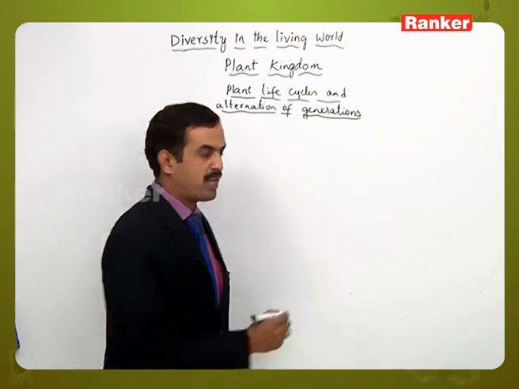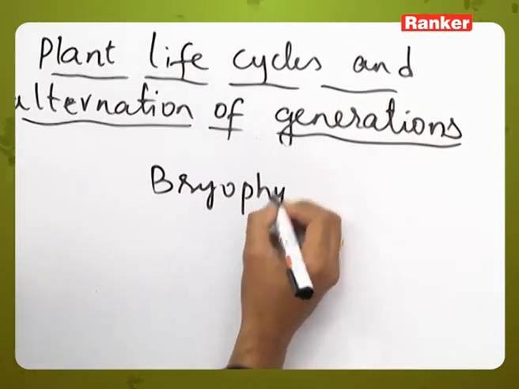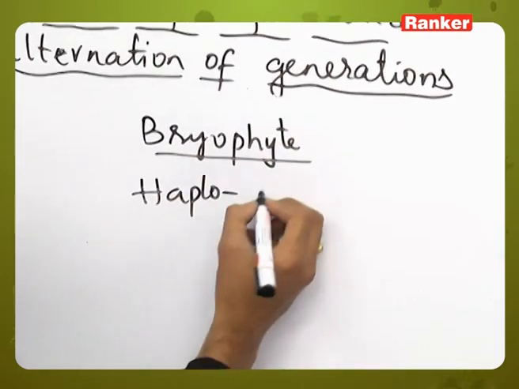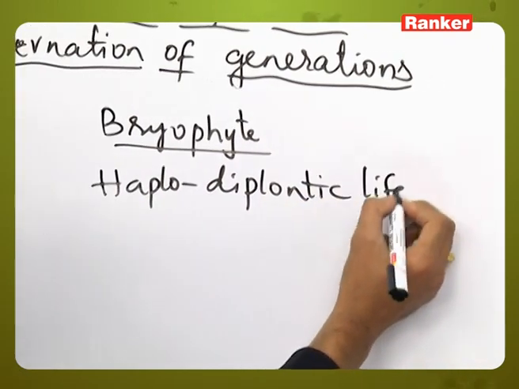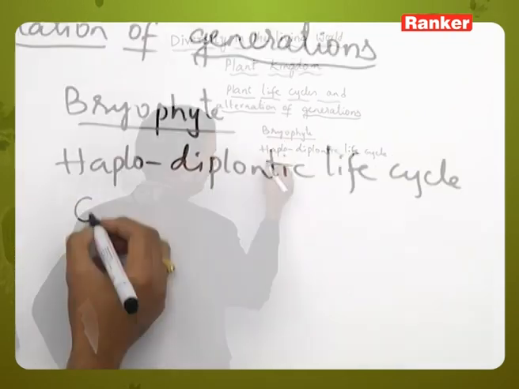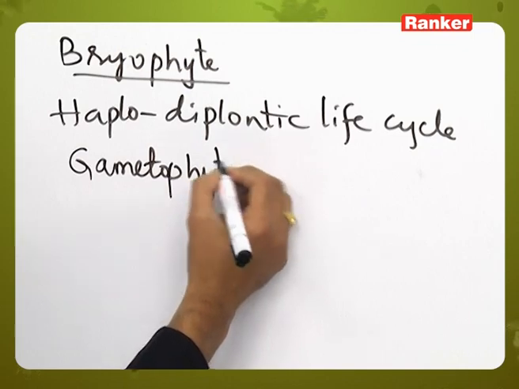The members of bryophytes will exhibit the intermediate type of life cycle, which is called the Diplontic life cycle, because in bryophytes the gametophyte is the dominant stage.